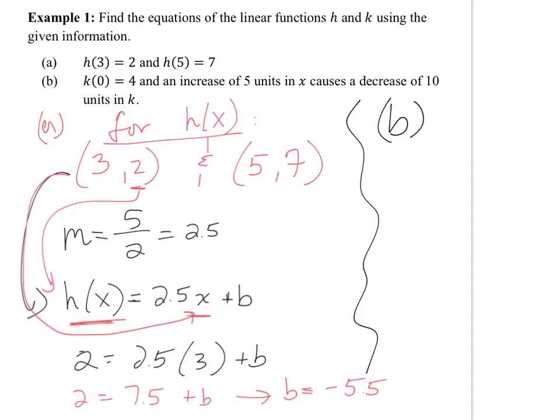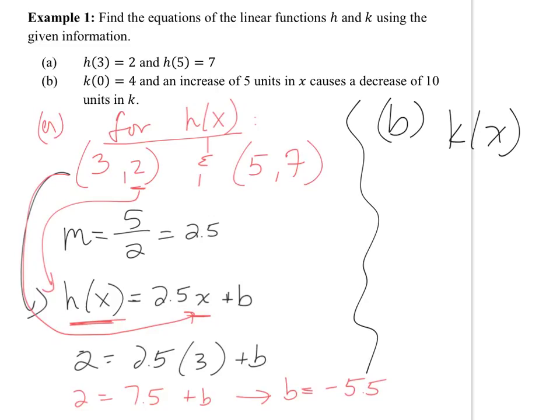It means that when k is 0, then, wait, no. When y is 0, x is 4. You sure? Remember, we're looking for a function called k of x, right? What takes the place of x in that first statement?